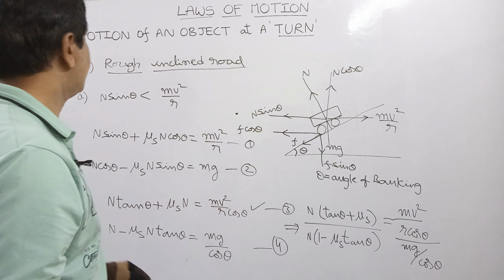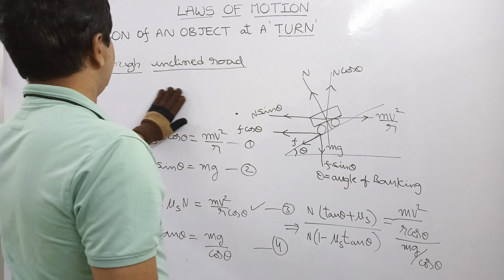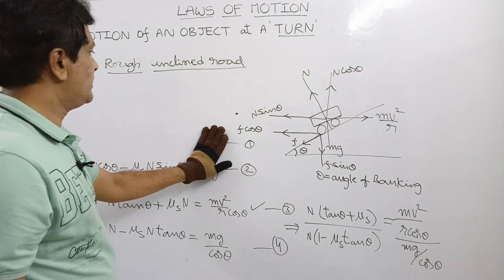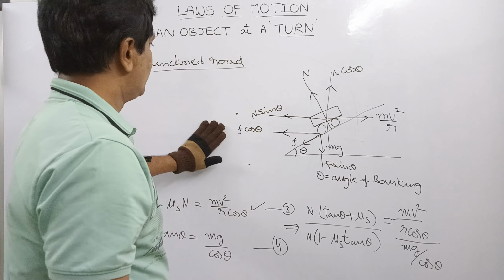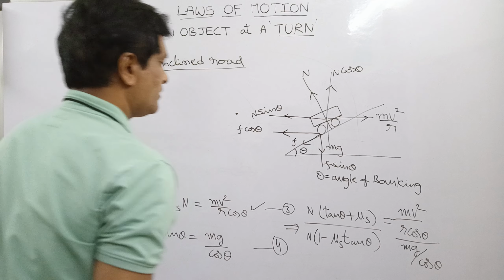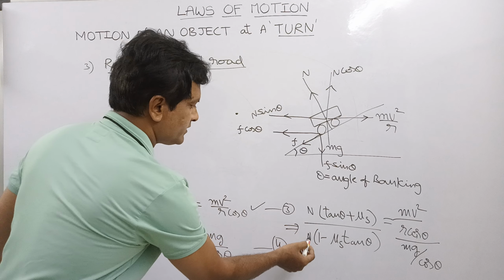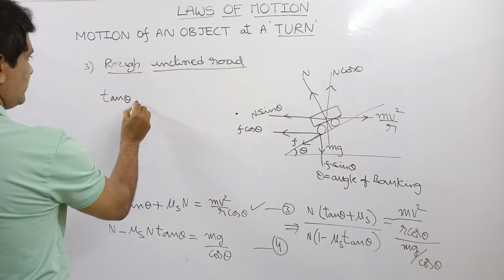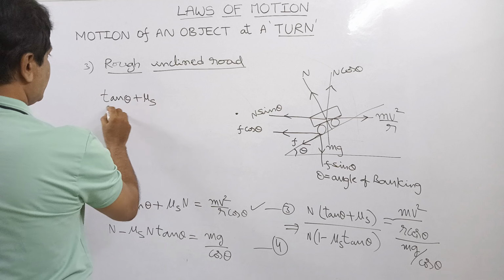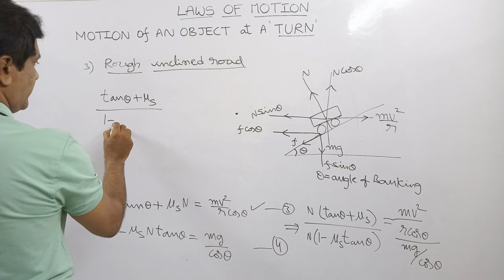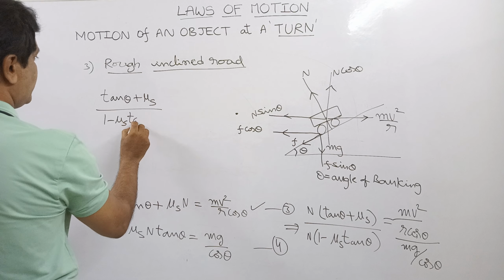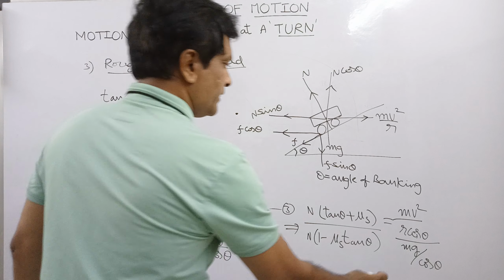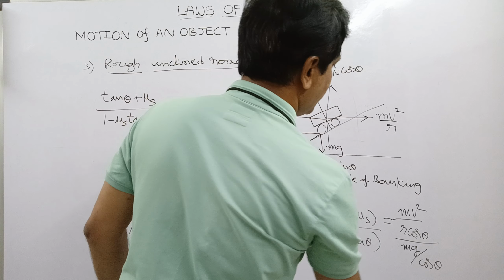So from here I will write in the beginning. So observe from here. This n gets cancelled, and tan theta plus mu s by 1 minus mu s tan theta is equal to, see, cos theta gets cancelled.